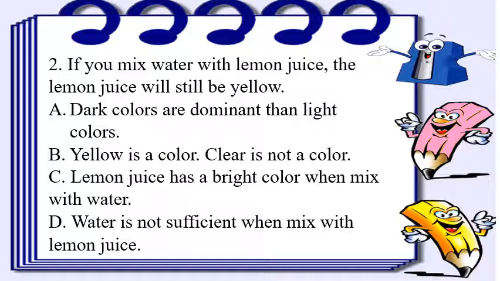B, yellow is a color, clear is not a color? C, lemon juice has a bright color when mixed with water? Or D, water is not sufficient when mixed with lemon juice? If you answered letter A, dark colors are dominant over light colors, you are correct.